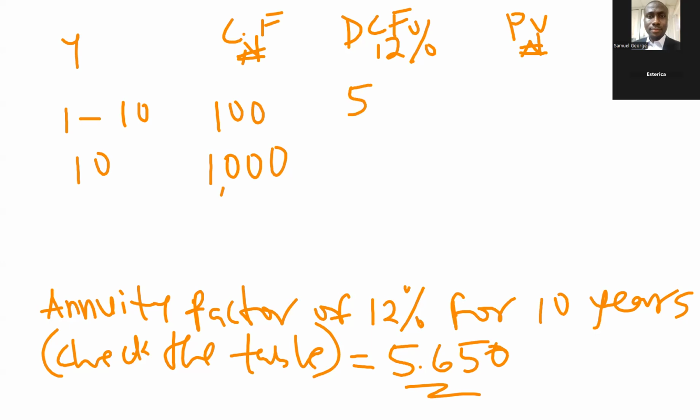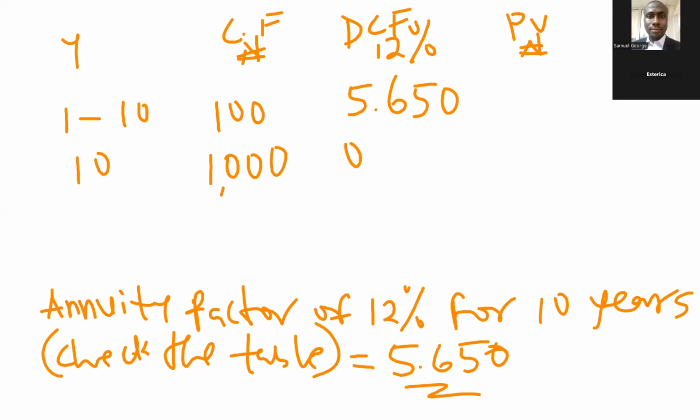Then we have 1.12 raised to power minus 10. That is the present value factor.